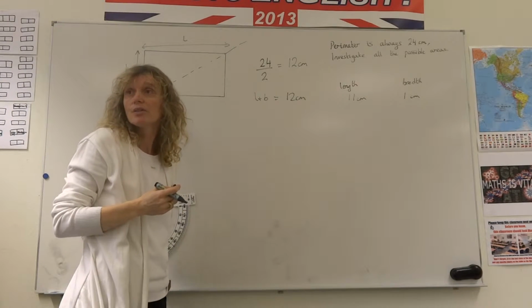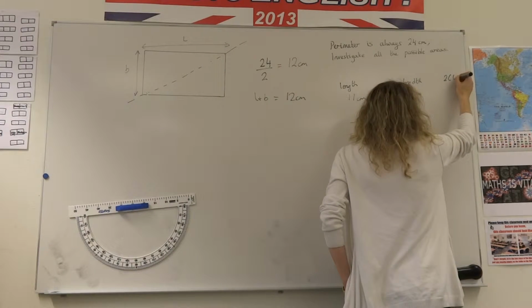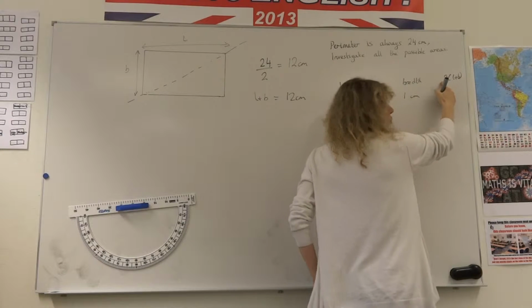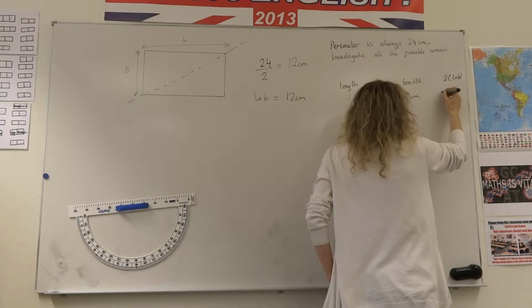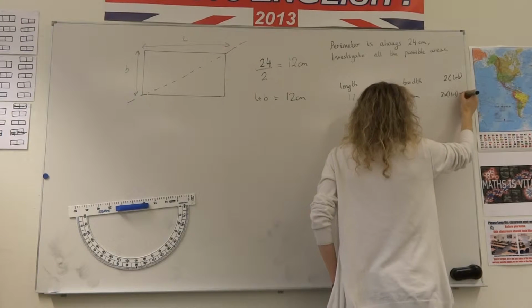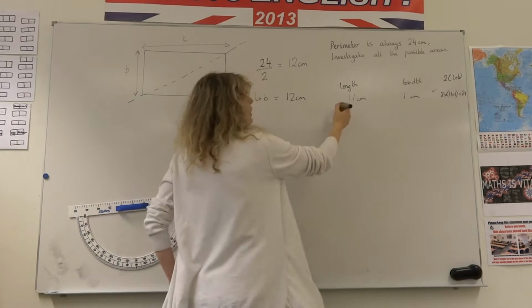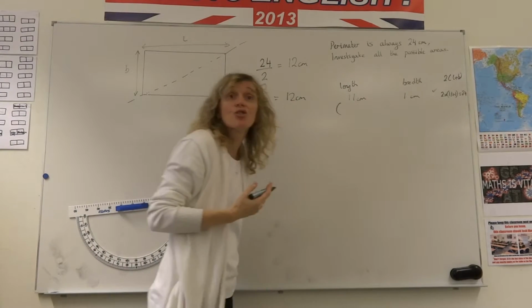So that one works. Just to make sure we're not making a silly mistake here, let's work out 2 times L plus B. That would be 2 times 11 plus 1, which would be 2 times 12, which would be 24. So this one works. Okay, what do we do now? Well, we're trying to do it in a structured way.